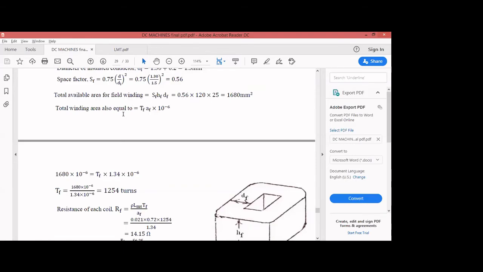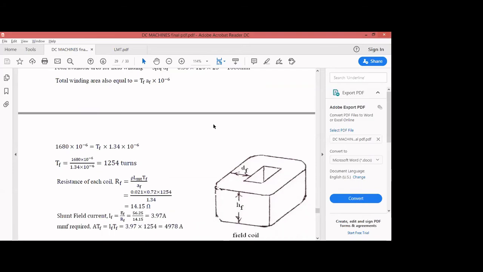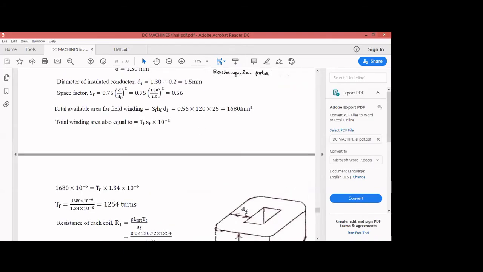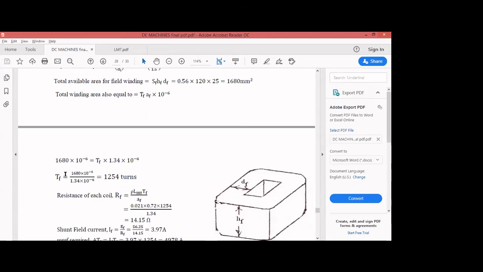The total winding area is also equal to the area of the conductor into number of turns of field winding, TF into AF into 10 power minus 6. So you can equate these two terms. If you equate, then TF is equal to 1680 into 10 power minus 6 divided by 1.34 into 10 power minus 6.